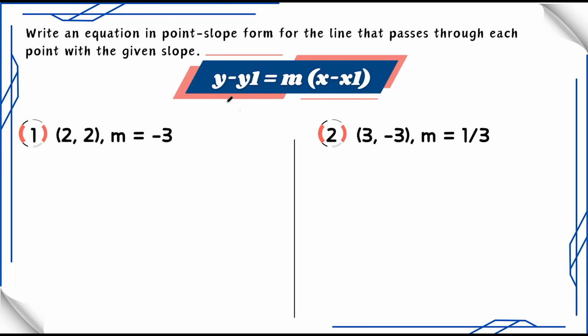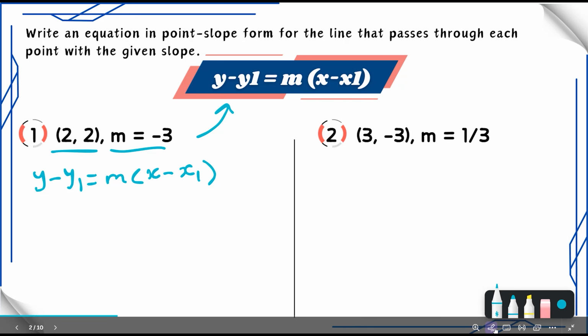More questions? Write the equation of a line passing through the point here with the given slope. First, you should write the formula: y minus y1 equals m multiply x minus x1. The second step, like we said, we should substitute by using the point and slope.